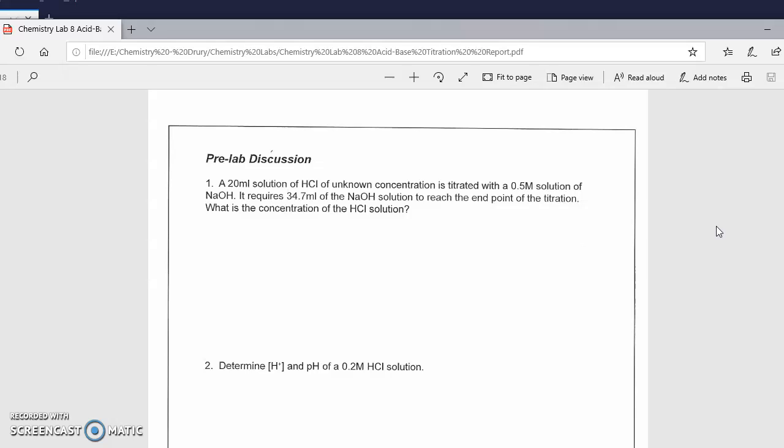So the first thing is to recognize that in a strong acid, strong base reaction, the hydrochloric acid and the sodium hydroxide are going to react 1-to-1 stoichiometrically. So that means if you have 0.5 molar solution of NaOH, that's 0.5 moles in 1 liter.